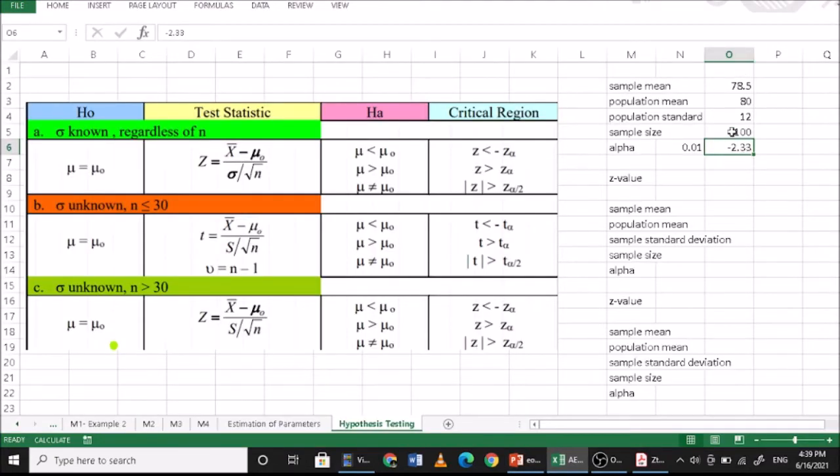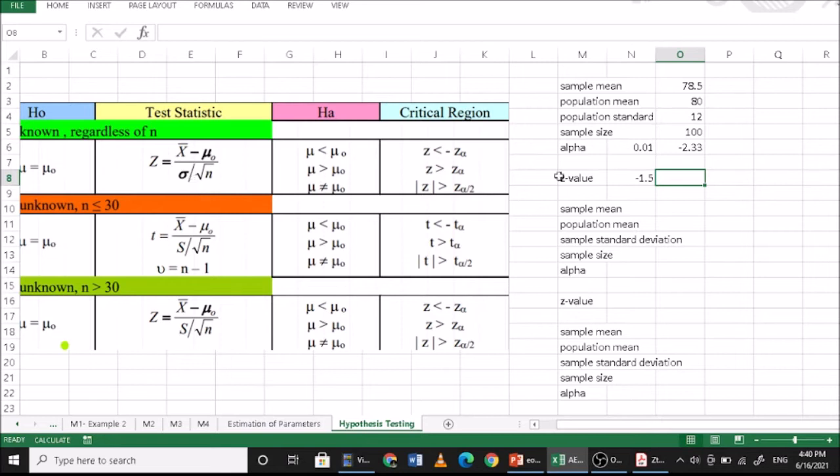So these are now our values, which actually correspond to this statistic. First we use your sample mean minus population mean, so this is now equal to 78.5 minus 80. Next is sigma divided by the square root of n.